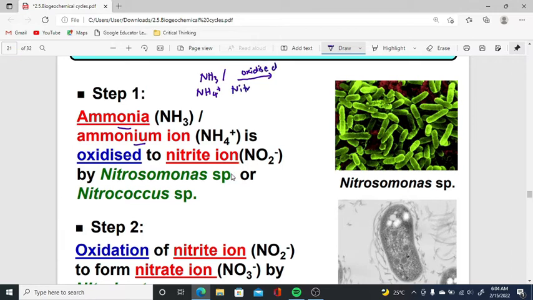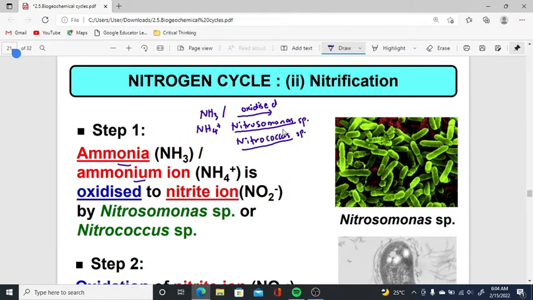Sama ada Nitrosomonas species ataupun Nitrococcus species. Okay, second step, menjadi nitrate ion.